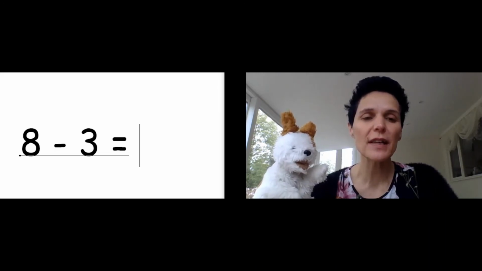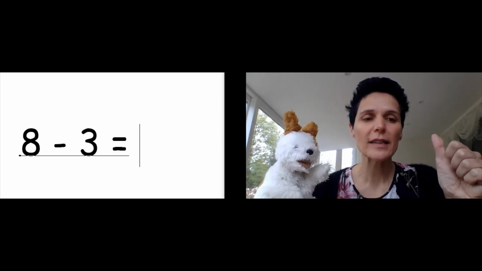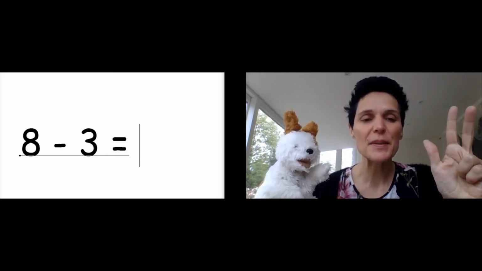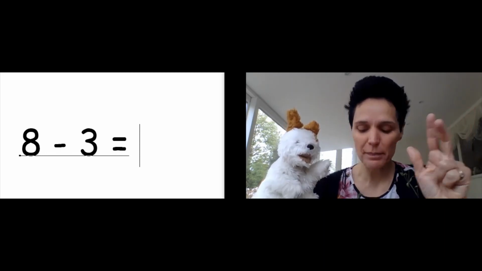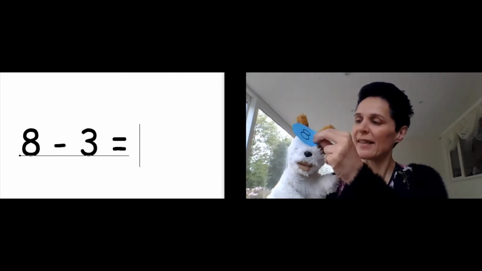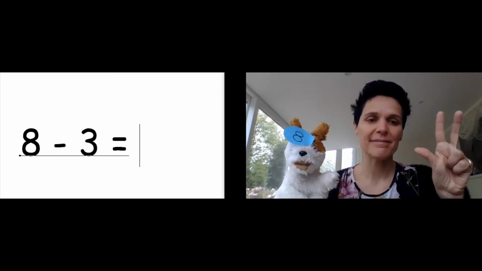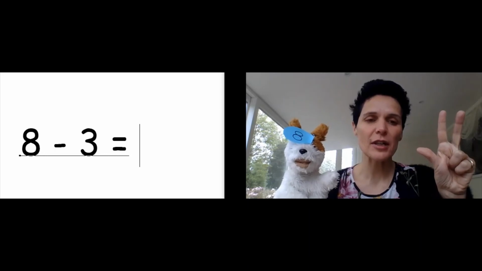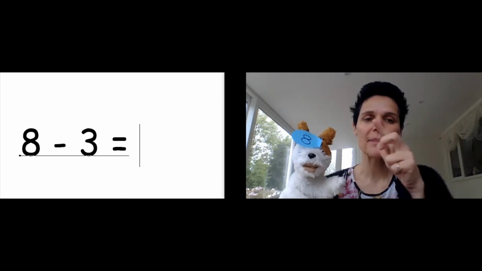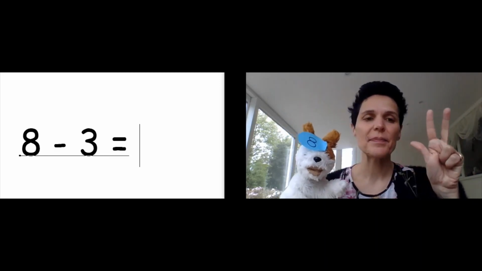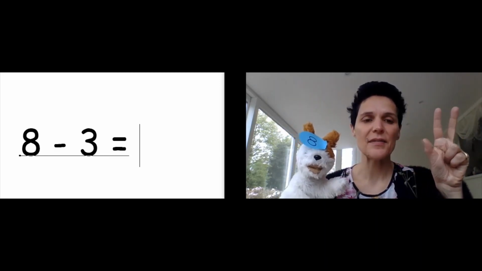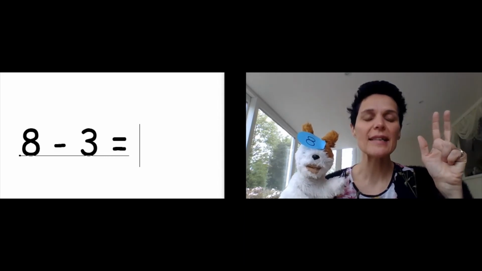So put that on your fingers first. 1, 2, 3. And which number is big? 8. So that number goes into your head. Then you're going to touch your head and say the big number and count backwards. 8, 7, 6, 5. So 8 subtract 3 is equal to 5.